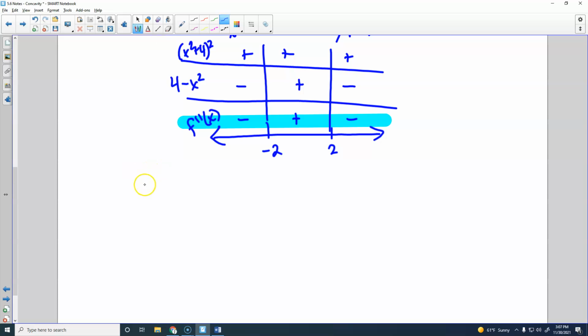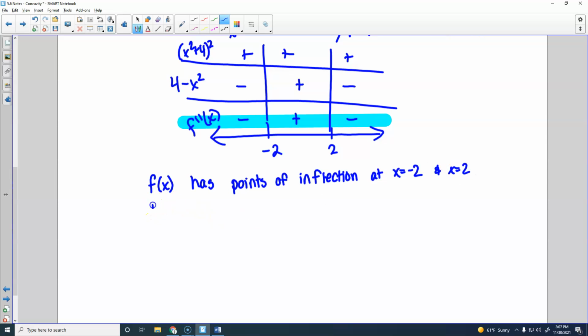So we would say f of x has points of inflection at x equals negative 2 and x equals 2 because f double prime of x changes sign.